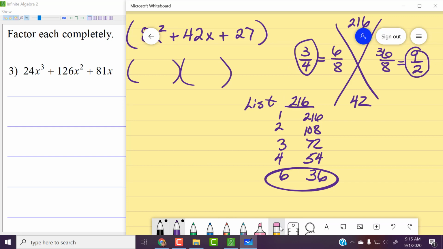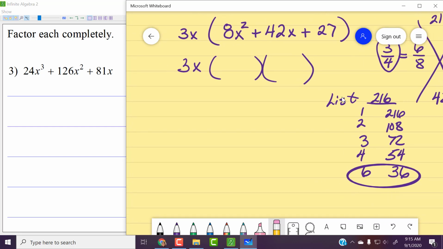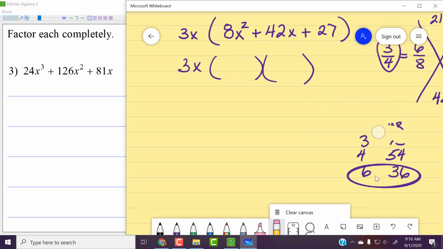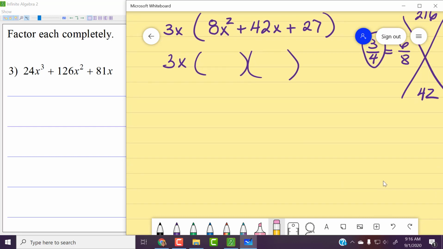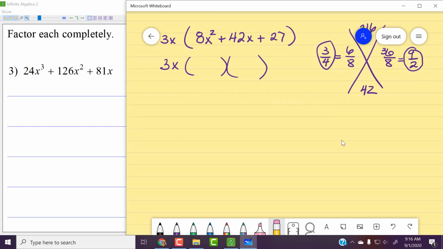All right, so I'm going to erase this part right here, get rid of it for you. Okay, so then I'm going to write those parentheses out now, so that's cool. We are almost done. Okay, so there is your next problem, and that was problem number 3, just to remind you what it was. Okay, next problem.